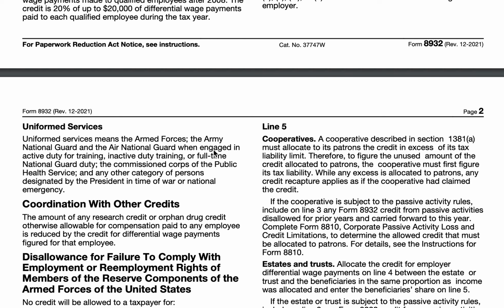This tax credit also is coordinated with several other tax credits. For any credits that you claim for research, whether it's the qualified small employer research credit, the tax credit for increasing research activities, or the orphan drug credit, any wages that are paid to claim one of those tax credits cannot be used to calculate differential wage payments. And any of the research or orphan drug credits that you claim must be reduced by the amount of the credit that you claim for differential wage payments.